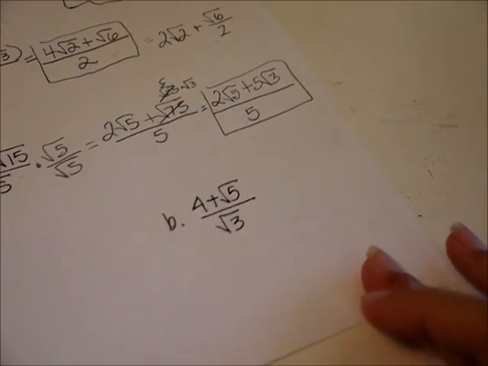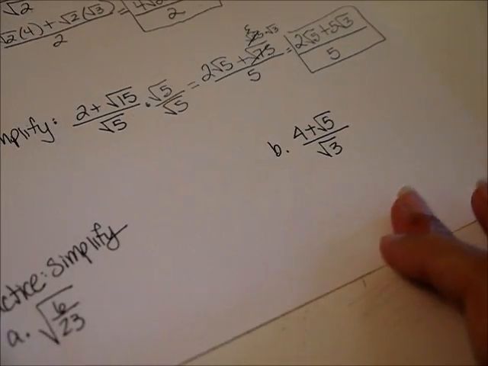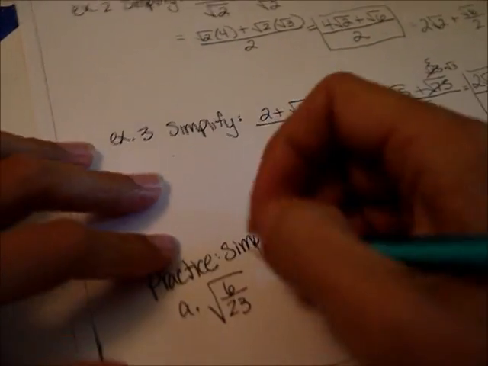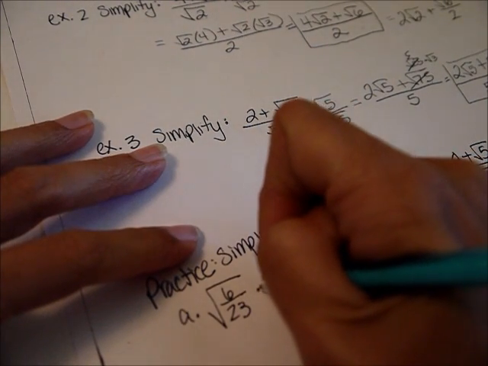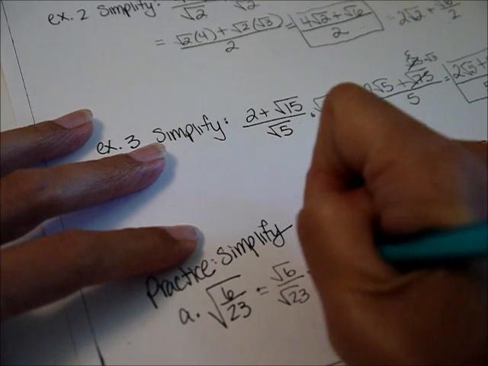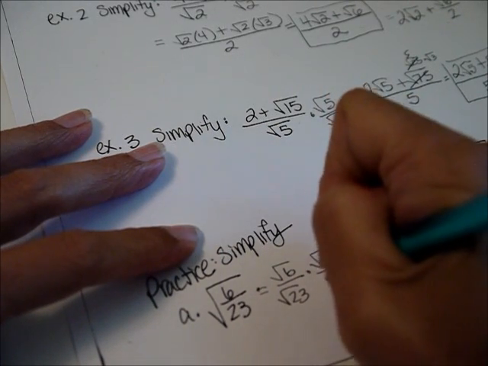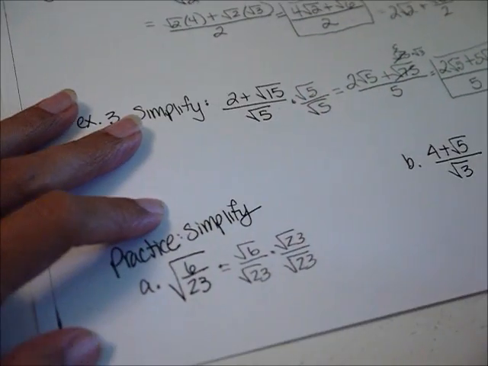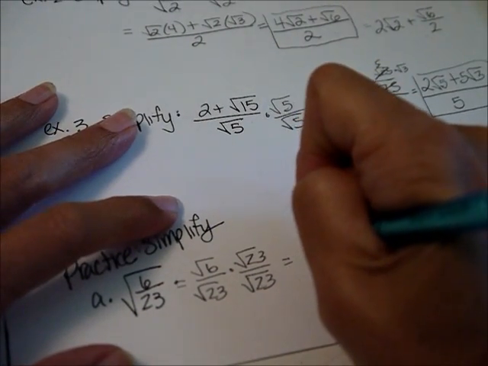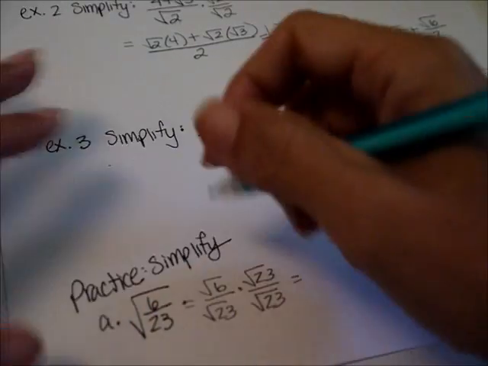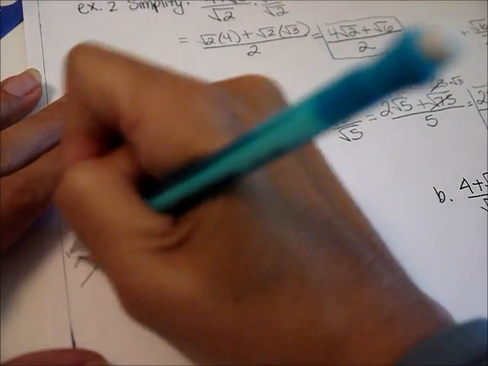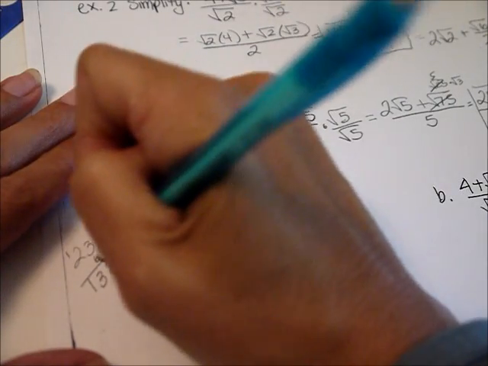Okay, I want you to pause, do the 2 practice problems, and then come back and just check your answers. I'm going to do it pretty quickly here. See how we go. Six times 23. I'm going to go ahead and do it over here. 12, 138.